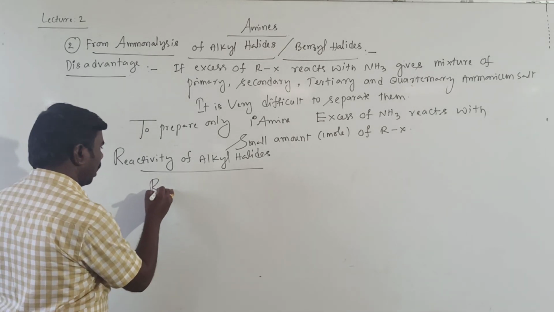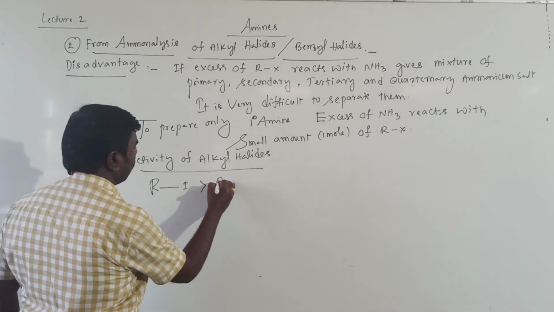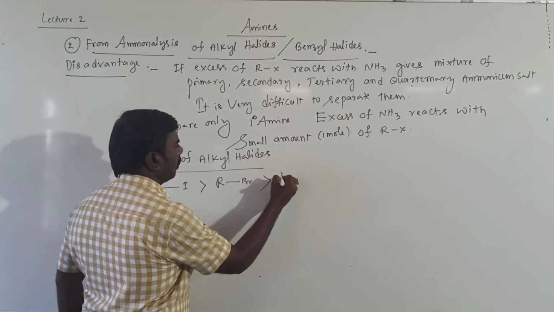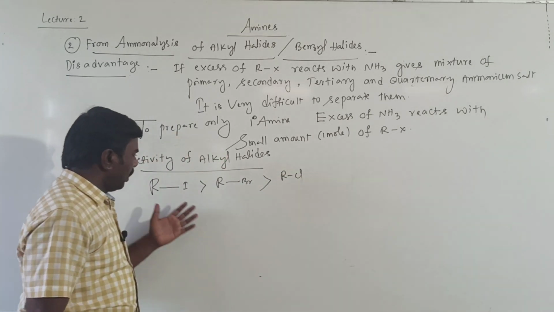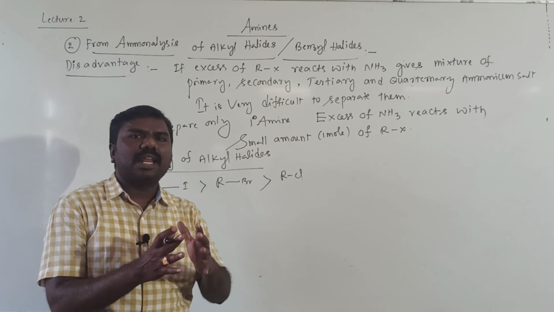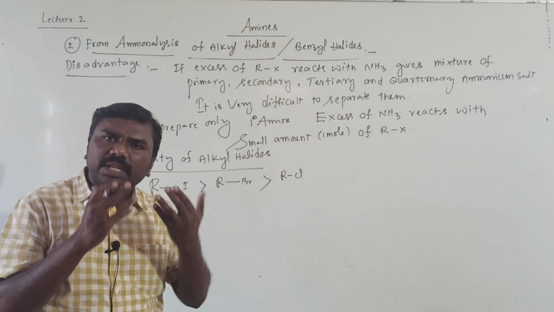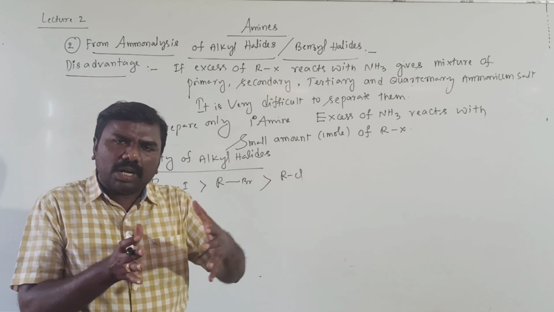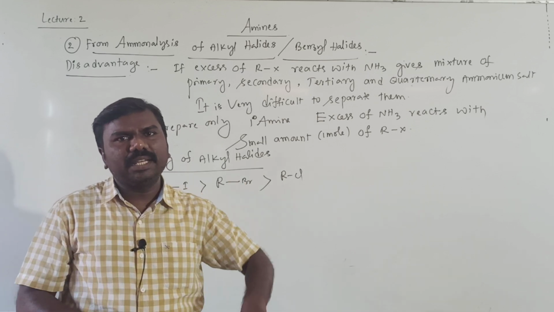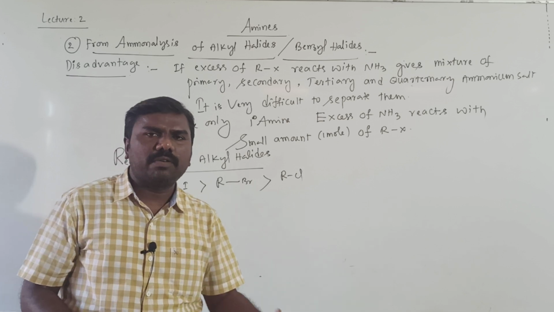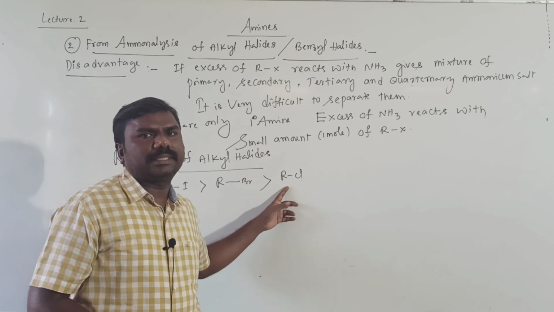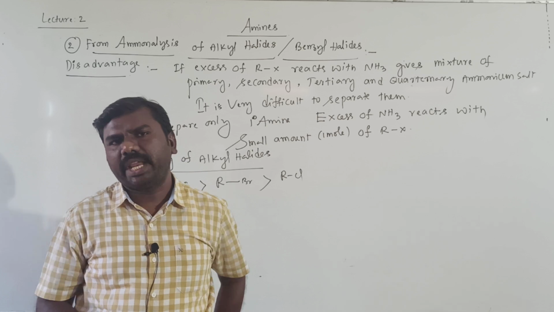It is RI greater than RBr greater than RCl. In alkyl iodides the bond length is more, so bond strength decreases, and it is easy to break and easy to involve in a reaction. Bond length less, strong bond, difficult to break.